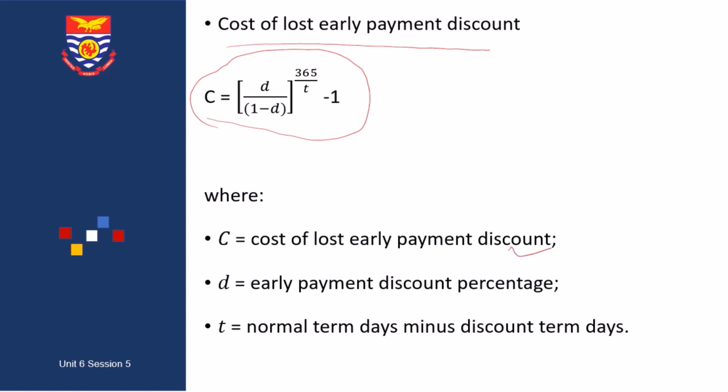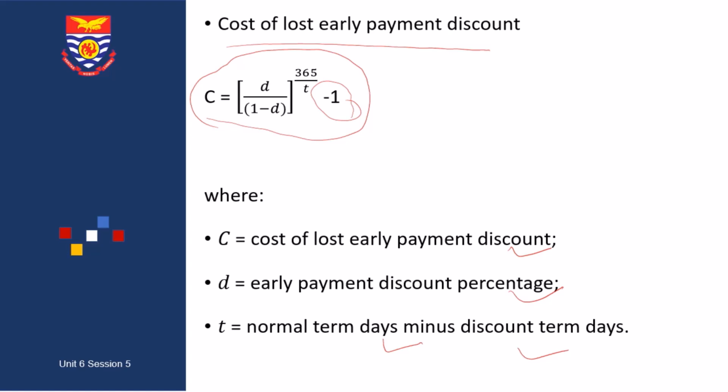D is the early payment discount percentage, and the normal terms days minus the discount terms days is what is termed T. The formula is similar to our previous formula, the same thing, minus 1. I hope you understand. So this is how to find the cost of early payment discount.